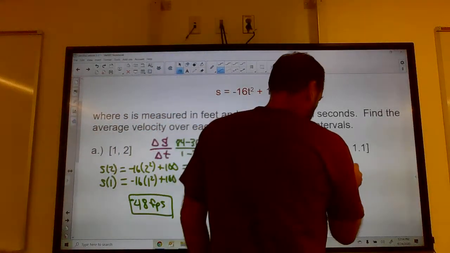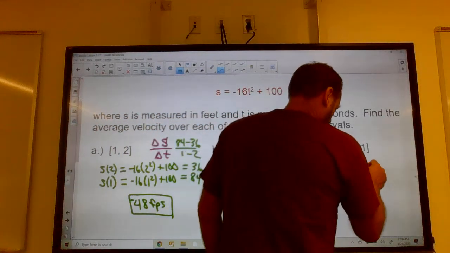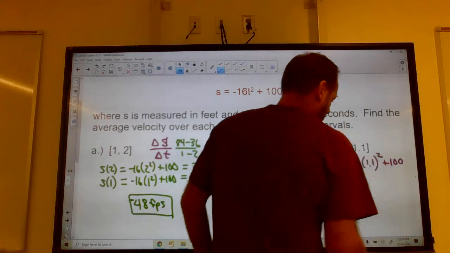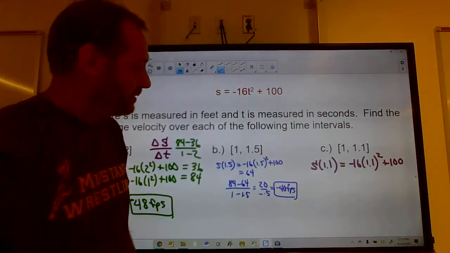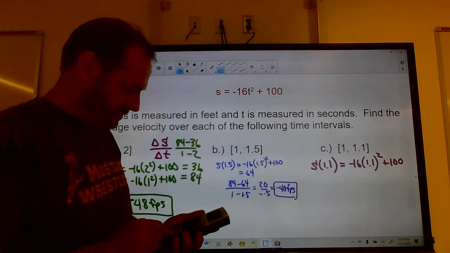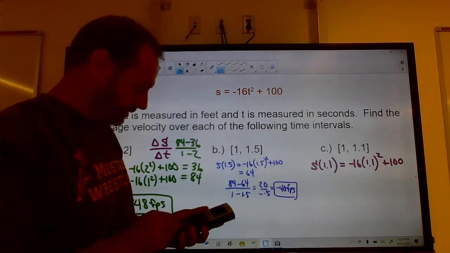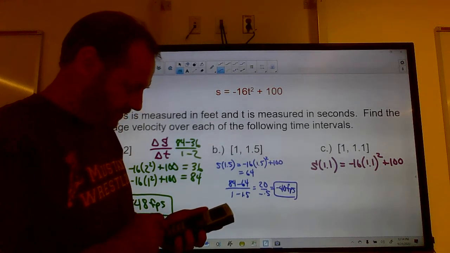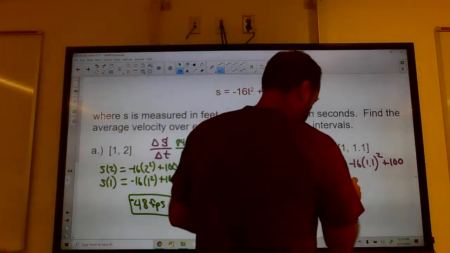Okay, so if I do this, this is 1.1 squared times negative 16 plus 100. So this is 80.64.